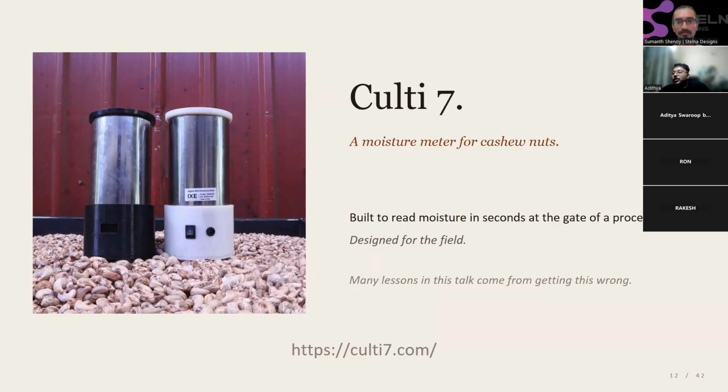We came to know about this problem, and then over a period of 2 years, we iterated on multiple different designs and worked with a lot of processing industry, a lot of traders, a lot of farmers, and then we were able to come up with a product. So this has been in the market from early 2021 till now. Most of the things that I will be telling you would be from the example of this. This is the agri product that I've designed.